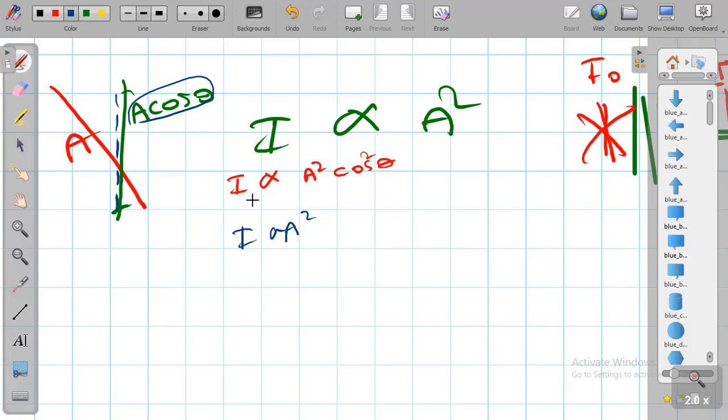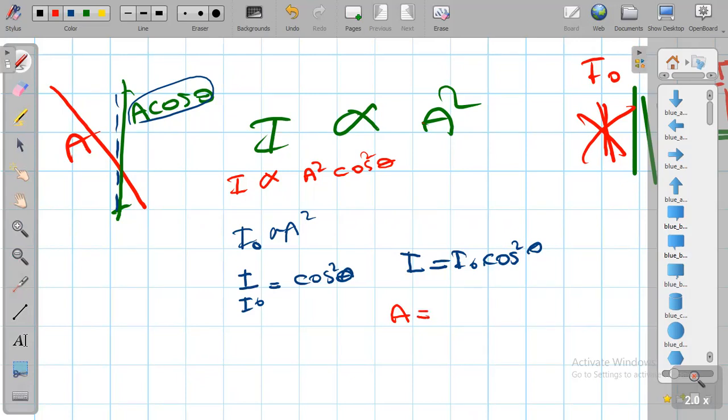Now I can get the ratio. Equation 1 over 2: I over I naught equals cos squared theta. Then when you cross multiply, the A and A cancel off, and I equals I naught cos squared theta.